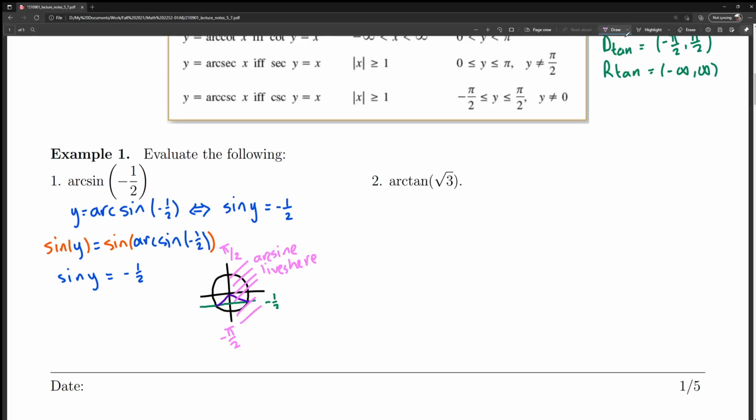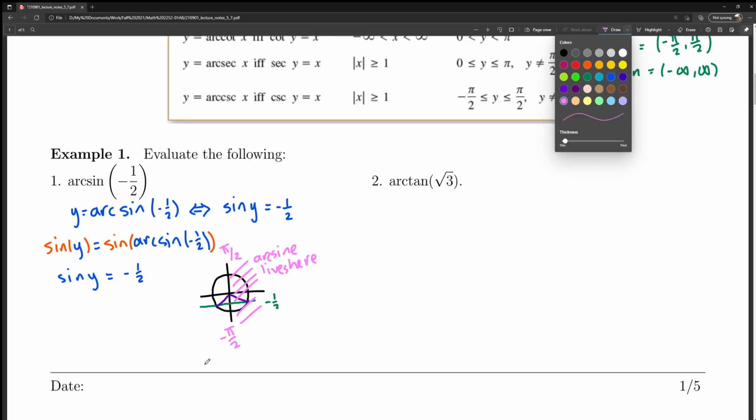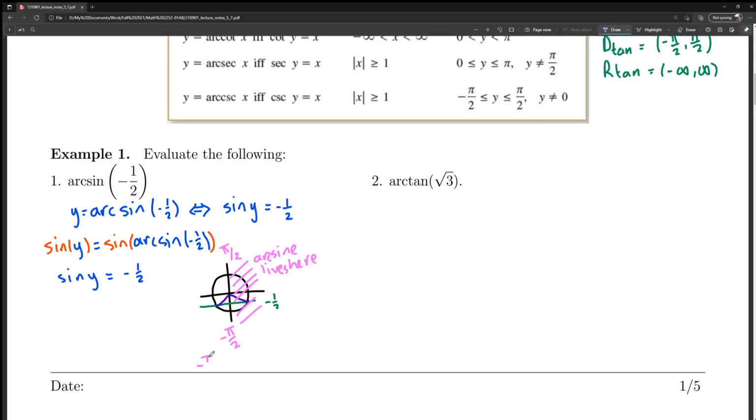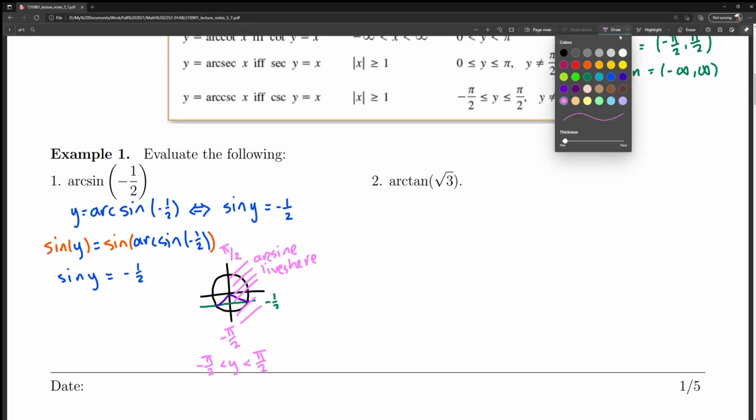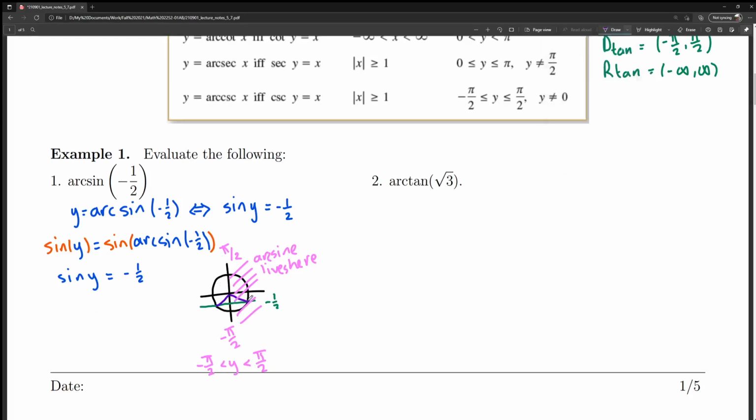So because we know that y has to be between negative pi over 2 and pi over 2, we now know that our answer, in this part right here, is y equals negative pi over 6. And that is our final answer.